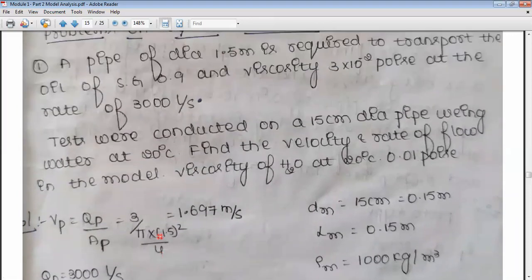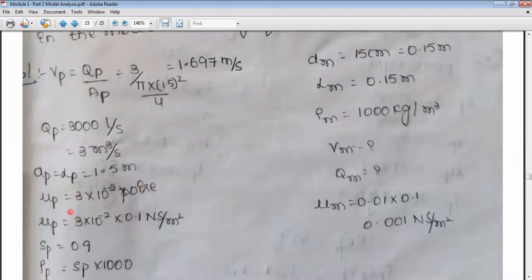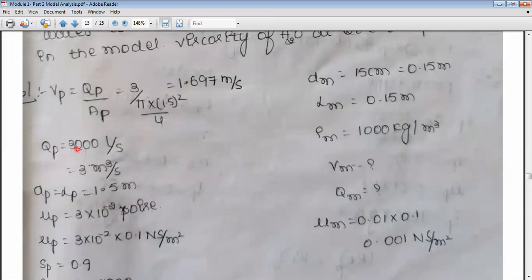Afterwards, he has given the flow rate of 3000 liters per second for the prototype, that is the discharge value QP, which is equal to 3000 liters per second. The SI unit of discharge is meter cube per second, so divide by 1000. 3000 divided by 1000 is 3 meter cube per second.